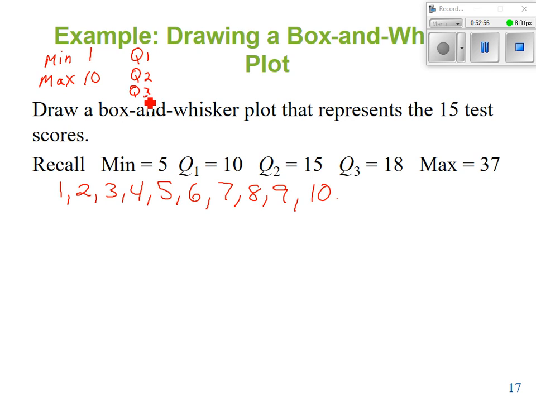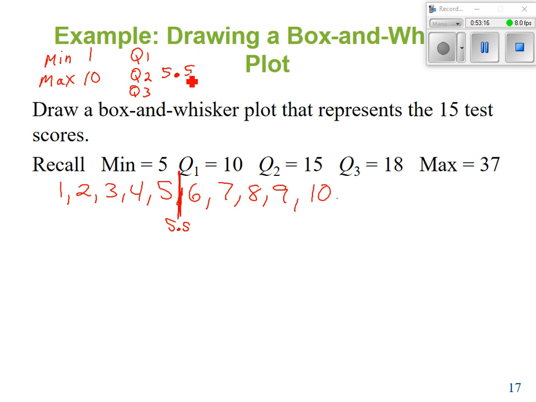Find quartile 2 first, the median. We got 10 numbers, so we go 1, 2, 3, 4, 5, and 1, 2, 3, 4, 5. So quartile 2 is somewhere right there, which is going to be 5.5. Remember, to find that median, you add those 2 together and divide by 2.